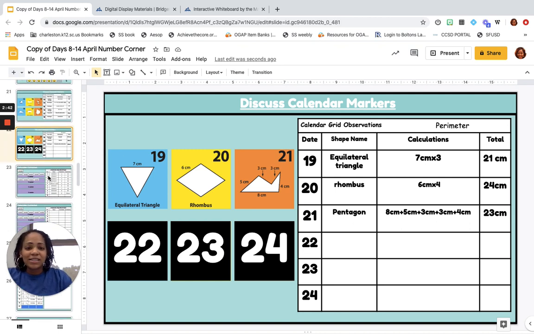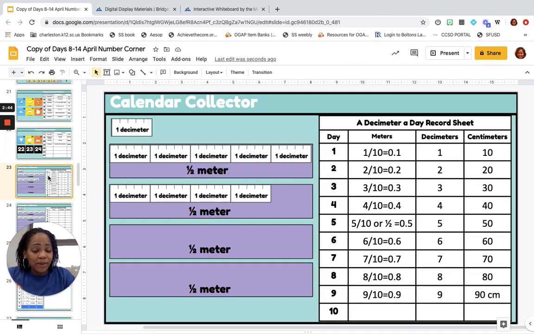So let's focus on the main topic of today, which is calendar collector. It is the 10th day that we are in school for April, and so we get to collect our 10th decimeter. So let me go ahead and collect it for us.